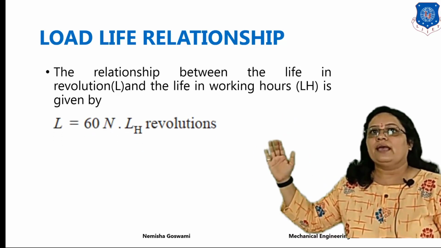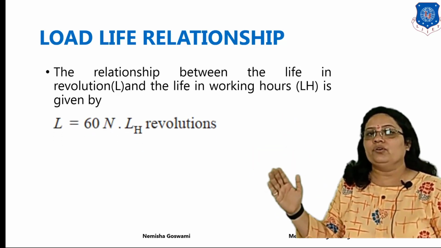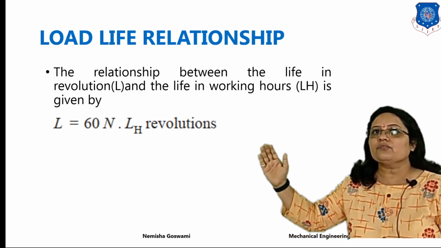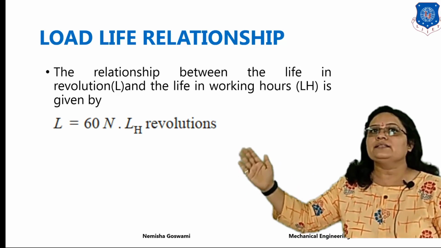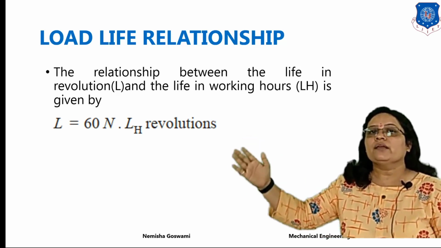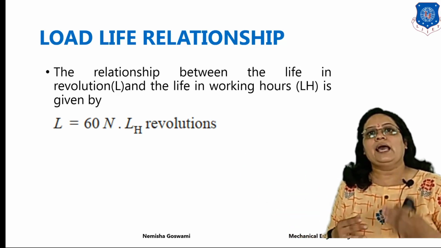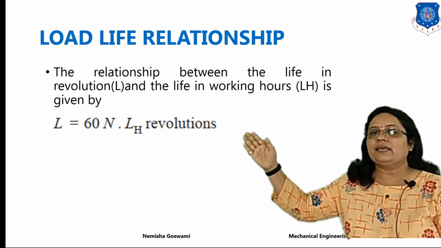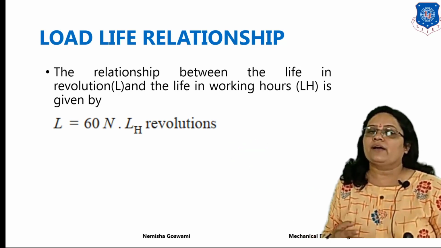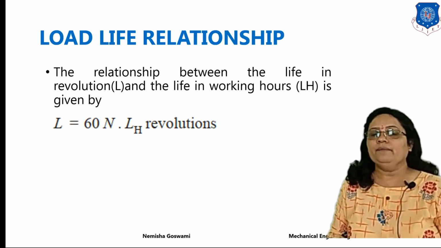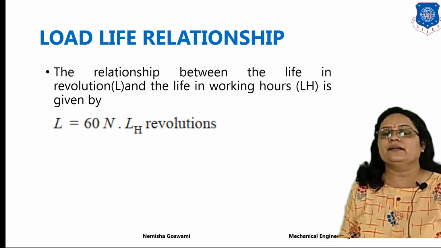L is in revolutions and LH is in working hours. So L is equal to 60 N into LH. You can use this formula to convert life of bearing in hours to revolutions, or reversely. This is the standard formula.